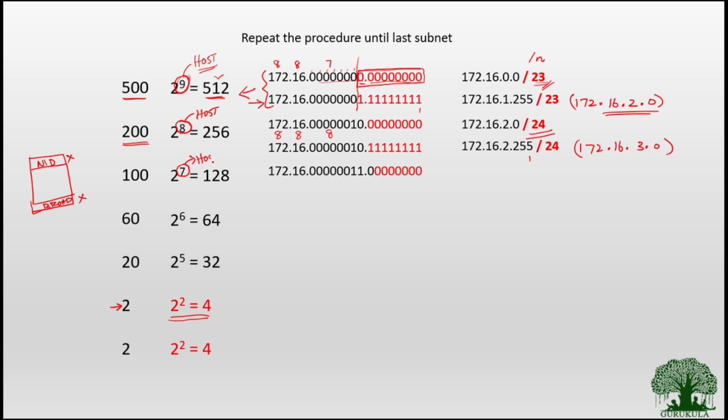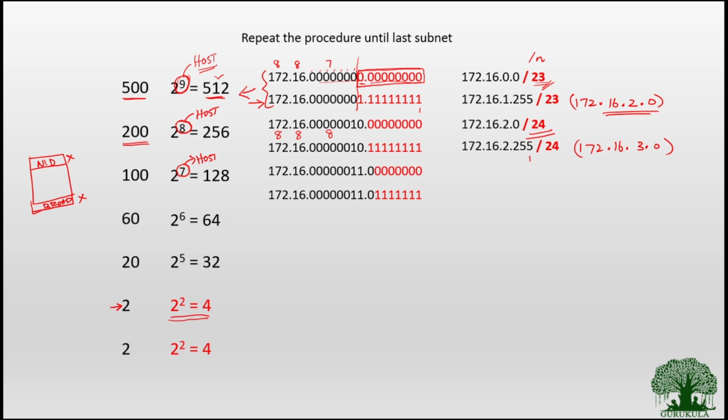And then how many bits do I require now for this? I need only 7 bits to represent the host. So 7 bits are highlighted in red. The red color represents the host part and the black color represents the network part. So I will have to find out the last address, and this is what my last address is.